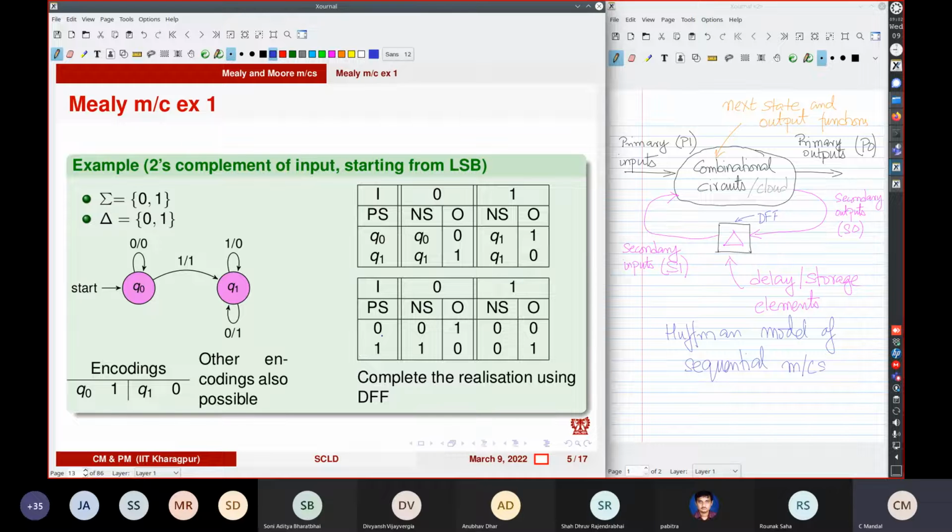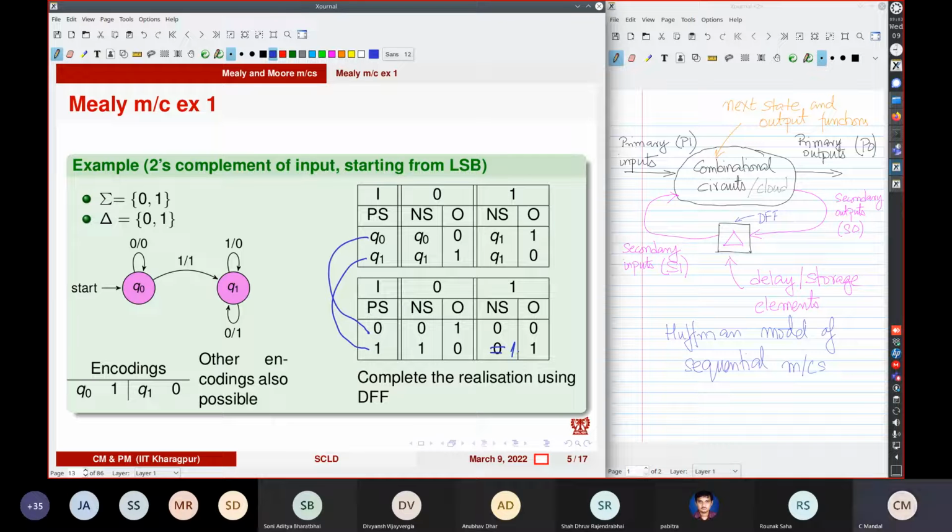Here what I see is that I put 0 for Q0, and for Q1, I put 1. So this is not the same encoding. I've actually used a different encoding. Or have I made a mistake? Oh, I think I made a mistake. This should be 1.